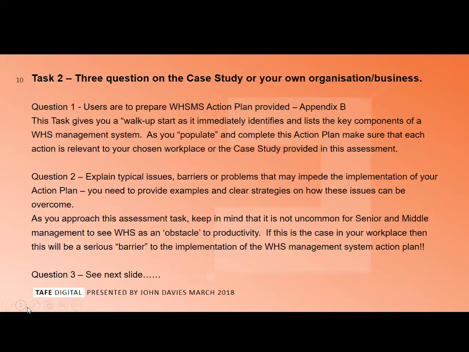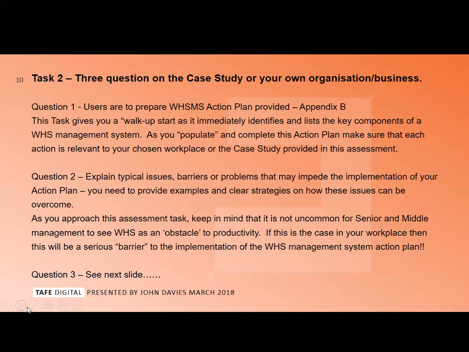The first one is that we need to develop a WHS action plan, and this is to be marked as Appendix B. This task gives us a head start, as at the bottom of the assessment we have a template for that action plan where the elements are listed down the left-hand side, and there are a couple of entries at the top to give us an idea of how to complete it.